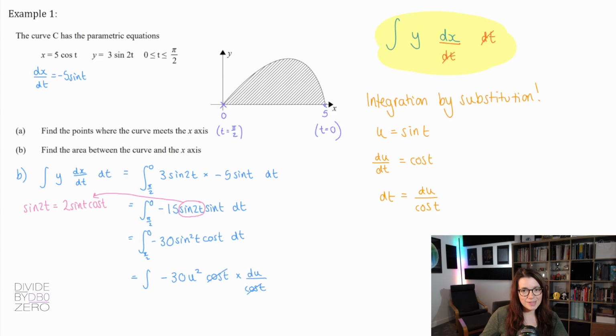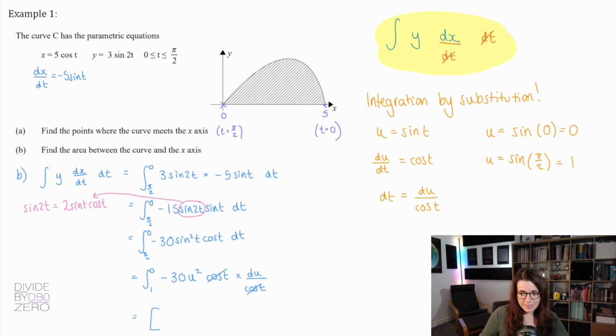Now, because we are doing an integration by substitution, we have to be mindful of the limits here. So at this point, I'd change the limits to become u limits. So u is sine 0 for the top limit, which is just 0. And u is sine pi over 2 for the bottom limit, which is 1. Those in there. And then we're just now integrating minus 30 u squared with respect to u.